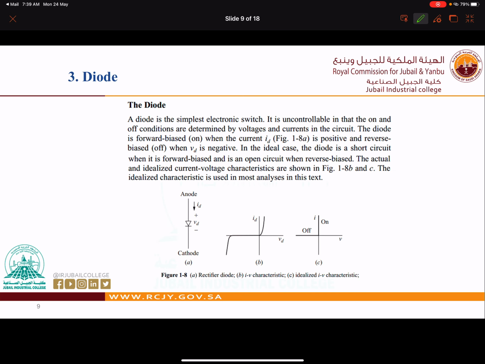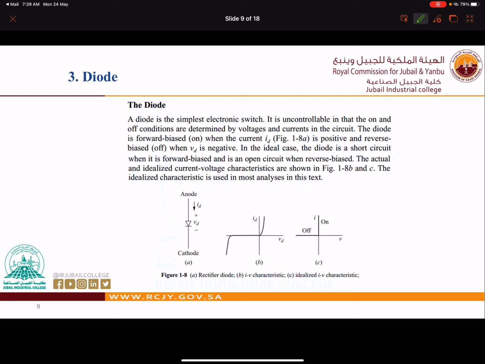Now, for the diode, this is the first part, and this is like the diode in the electronics course, but this is now the power diode. We are talking about the power diode. Power diode means it can handle a huge amount of voltage and current, right?